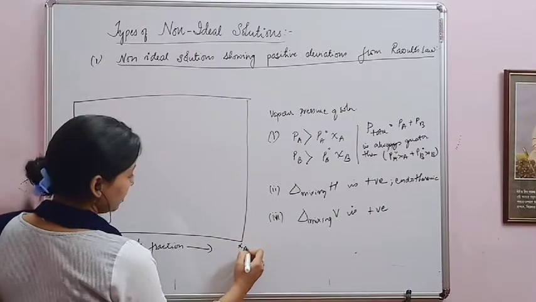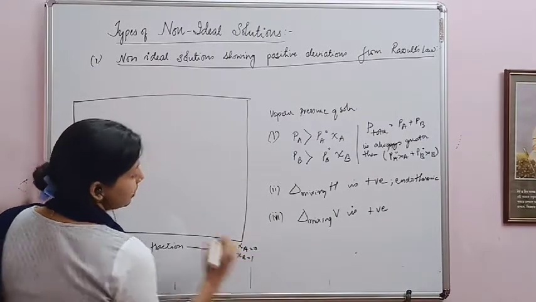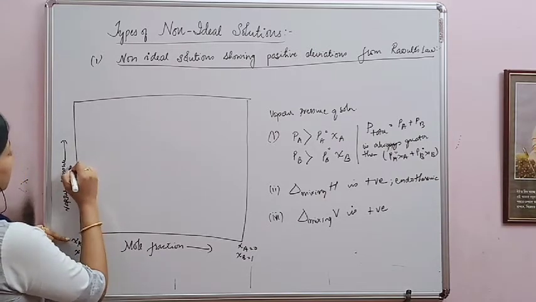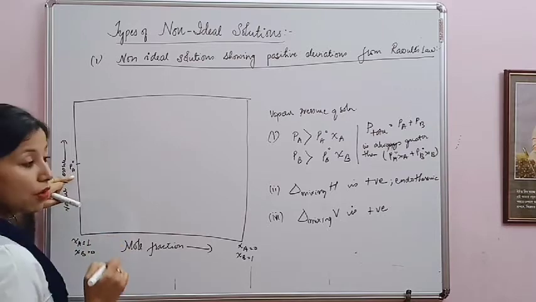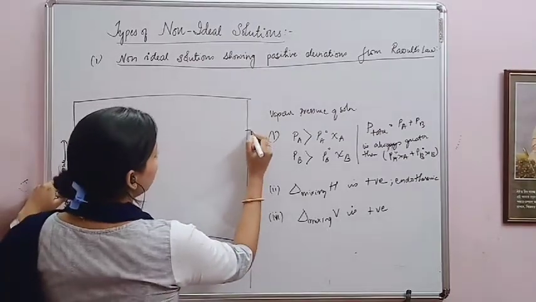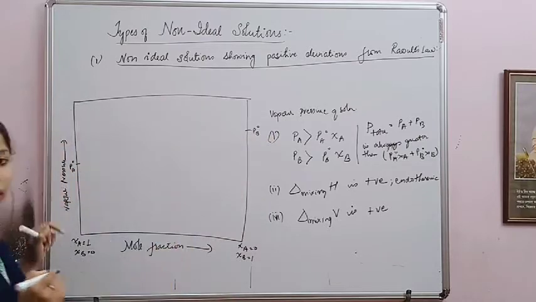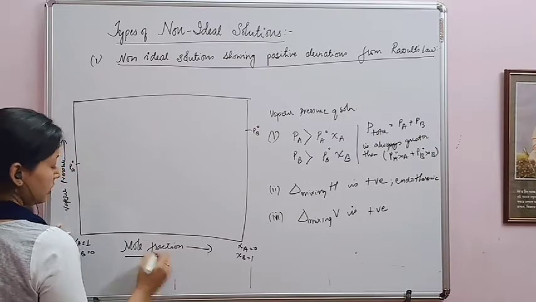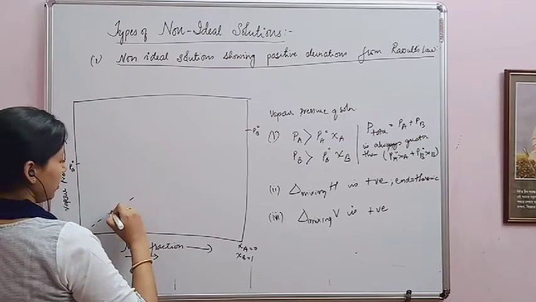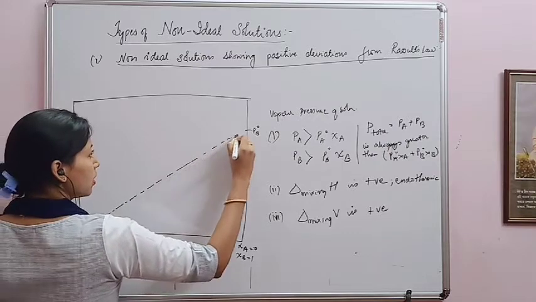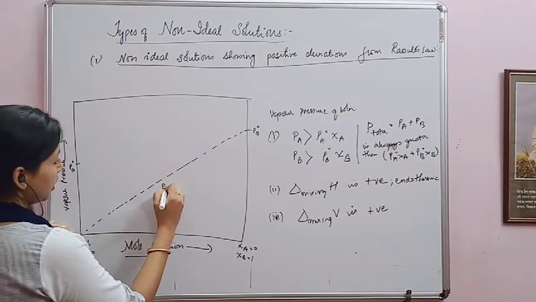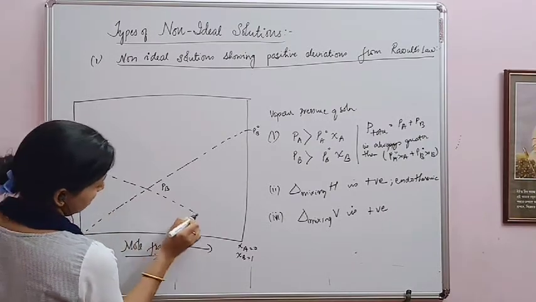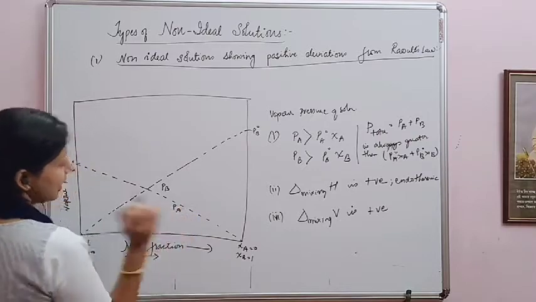Here mole fraction of component A will be 0 and mole fraction of component B will be 1. Okay, so since here chi A is equal to 1, this will be vapor pressure of pure component A and this will be vapor pressure of pure component B. Now I'll join, since mole fraction is increasing along this axis, this will go in this manner. That is for PB, the partial pressure of component B. And this is the partial pressure of component A.